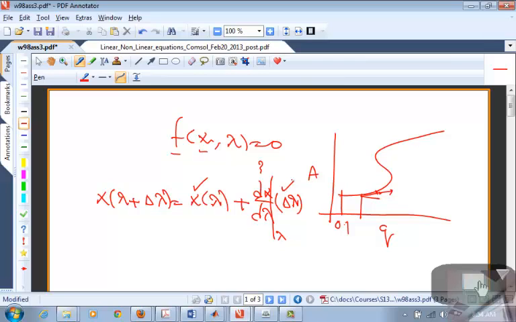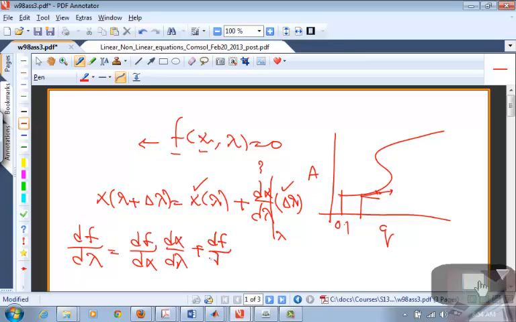And we saw that in the last lecture by simply taking the derivative of this equation with respect to lambda. So if you do that, df d lambda is equal to df dx, chain rule, dx d lambda, plus df d lambda equal to 0.